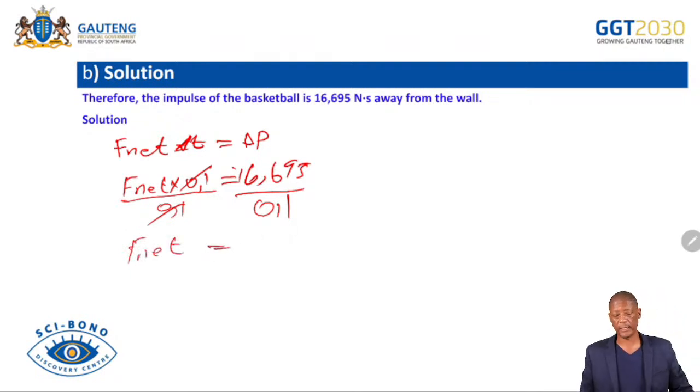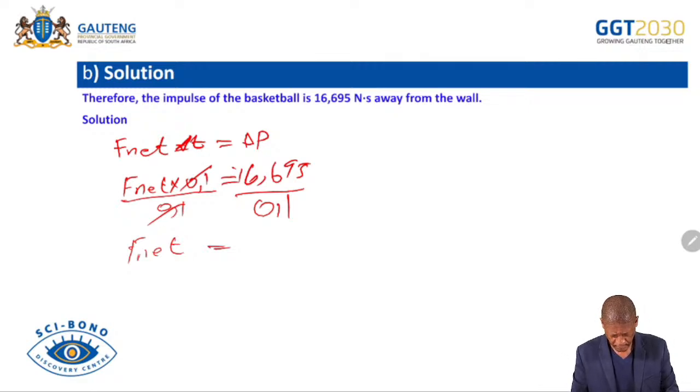Then you start calculating and you get the answer. So probably if you calculate fast, it's going to be 16,695 divided by 0,1.